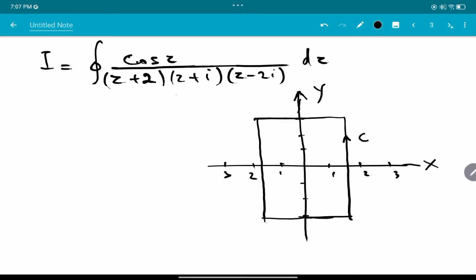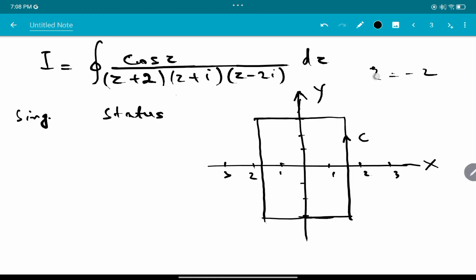Let us first check this. To begin with, the first step should always be to check the given integrand for singularities. Singularity is, for example, here z plus 2 is equal to 0. If you put this equal to 0, z will be equal to minus 2.